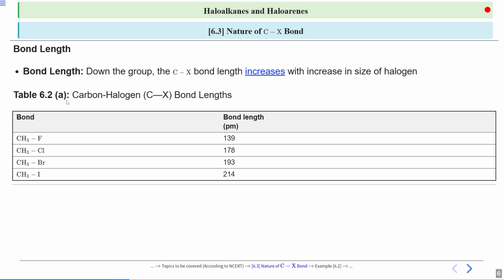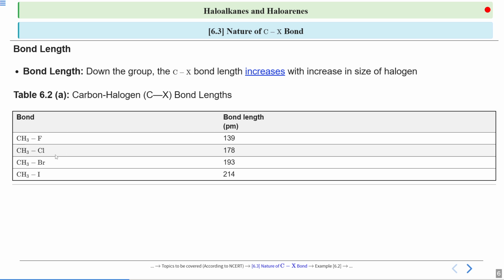Here is given Table 6.2, part A, where we show the carbon halogen bond lengths. If the bond is between fluorine and carbon in the compound CH3F, the bond length is 139 picometers. Similarly, when chlorine forms the bond with carbon in CH3Cl, chloromethane, the bond length is 178 picometers.